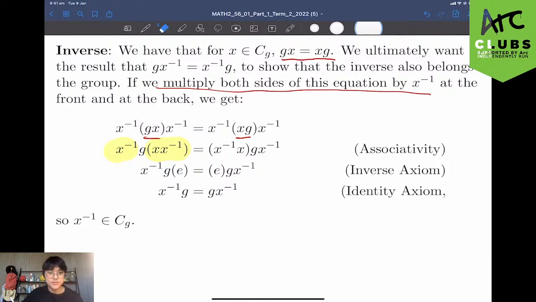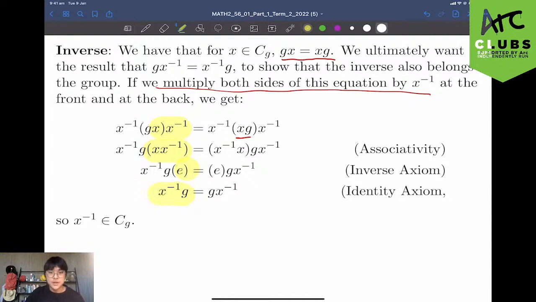But just going through the left-hand side first. We can shift the brackets here because of associativity. And x inverse x is going to become the identity element. So it's going to be x inverse g.